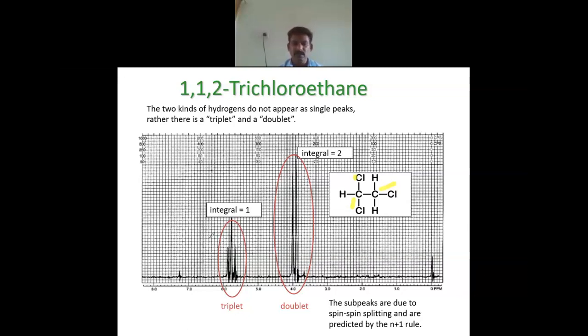This is the 1, 2, and this is the 1 is to 2 is to 1. And this one is the n plus 1 rule only. n is equal to 1, plus 1 means 2. The 2 peaks.